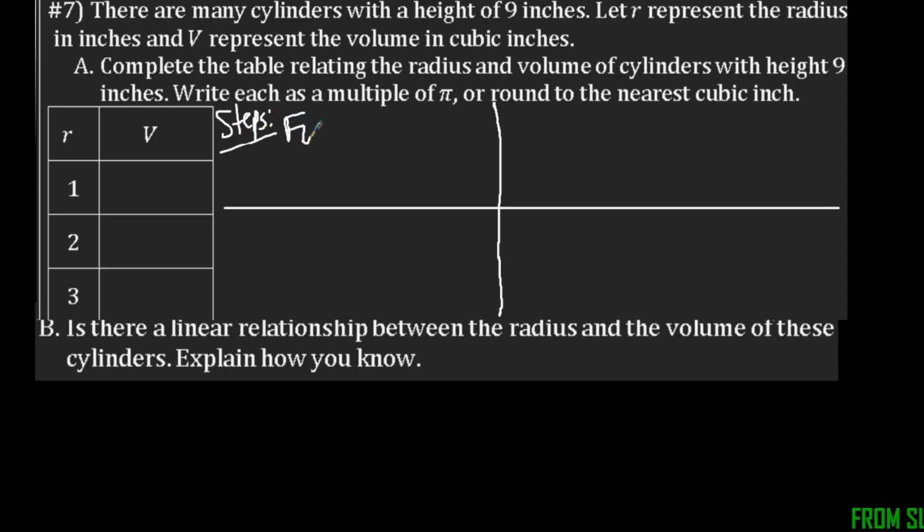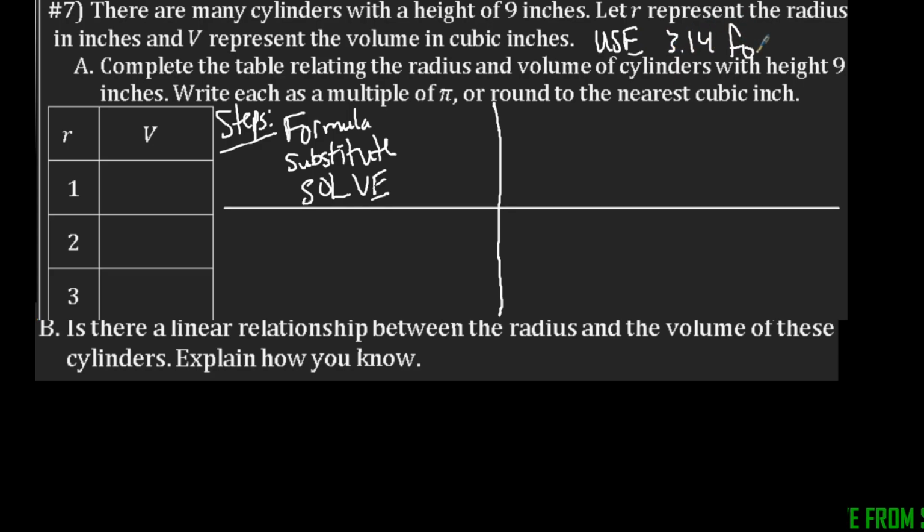We're going to have our formula, we're going to substitute, and we're going to solve. What I suggest you do is use 3.14 for our value of pi. That way we can round to the nearest whole number.